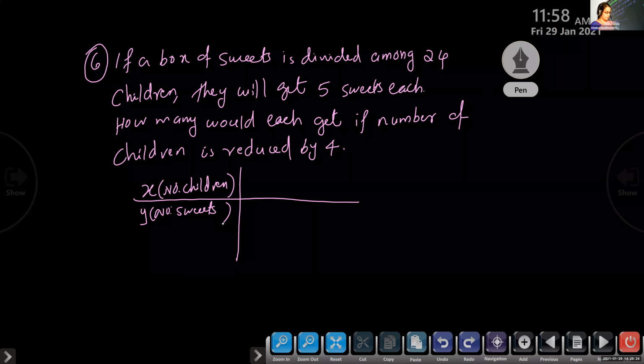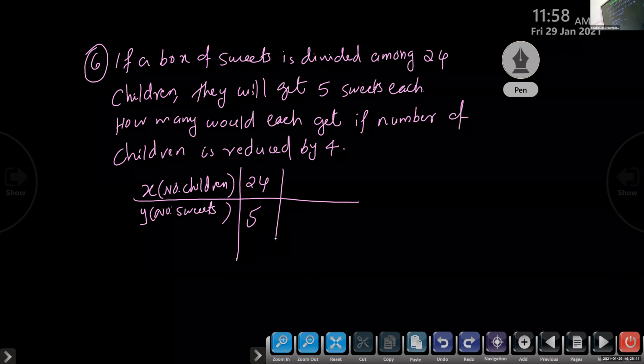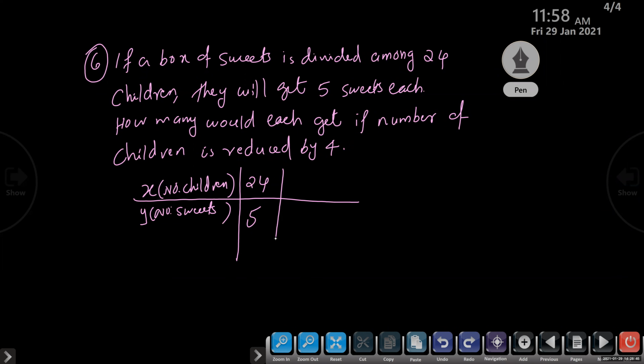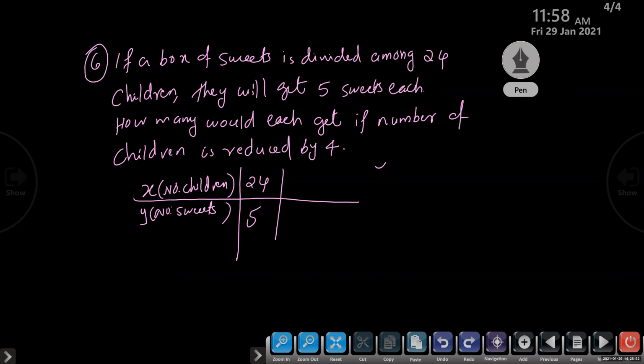When the number of children is 24, each will get 5. How many would each get if the number of children is reduced by 4?